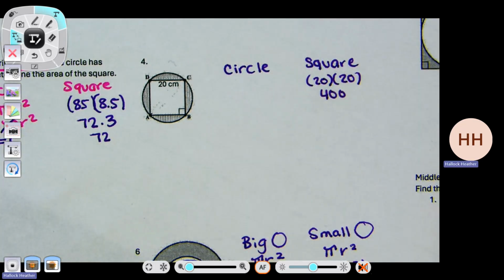The circle, I need the radius. 20 is not the radius. 10 is not the radius. So what could I do to find the radius? Anybody?